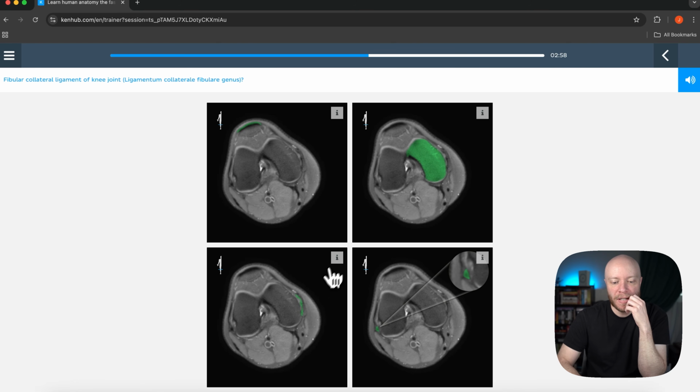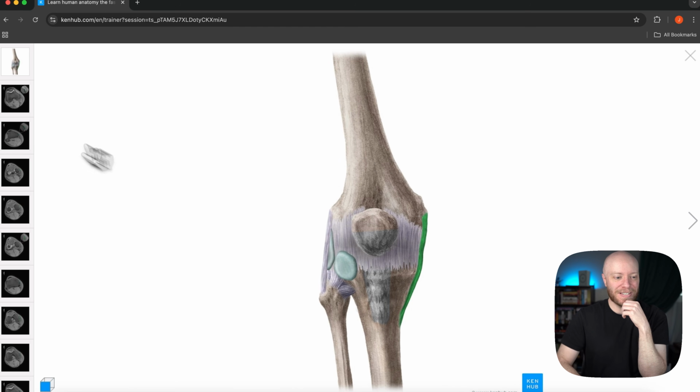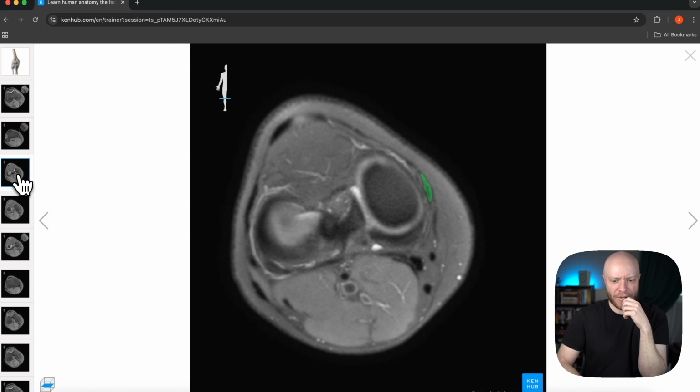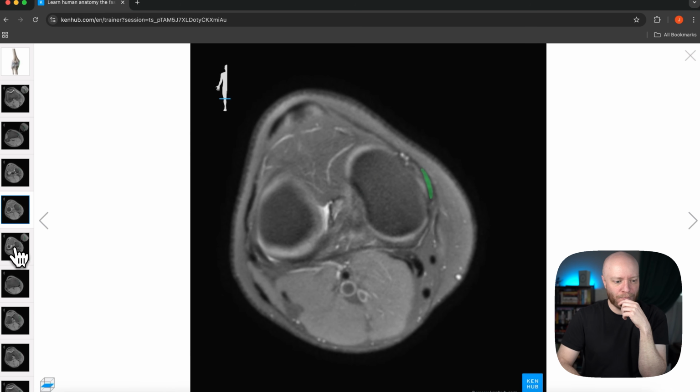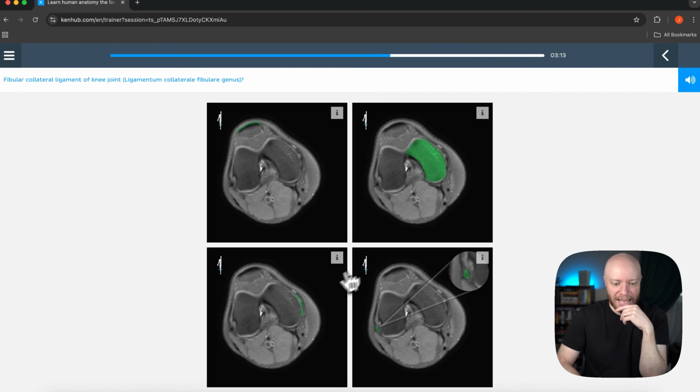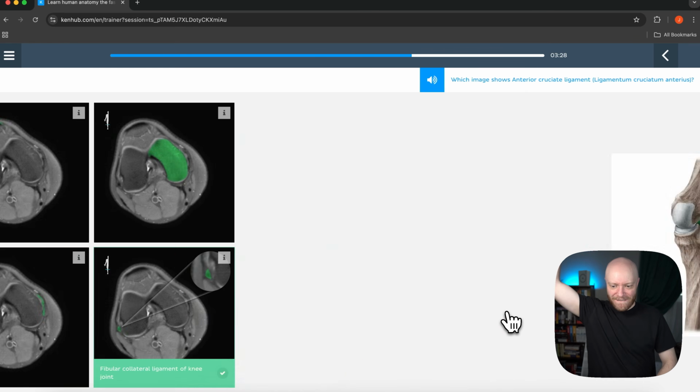If you look closely, this is bigger than this one. And that means this is going to be the MCL. The MCL, or the tibial collateral ligament, is larger than the fibular collateral ligament. I realize I'm taking way too long. Anyways, it's going to be this.